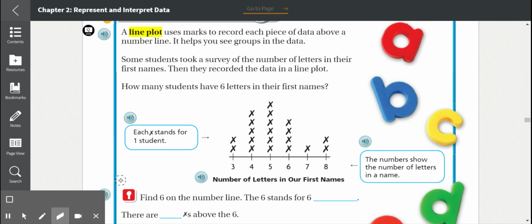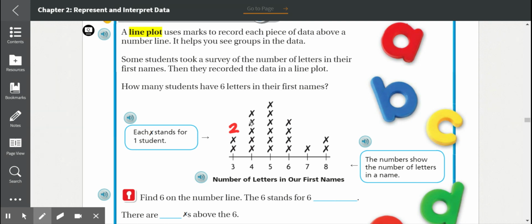So each X stands for 1 student, and these numbers down here show the number of letters in a name. If we go to each one, there are 2 students that have 3 letters in their name.